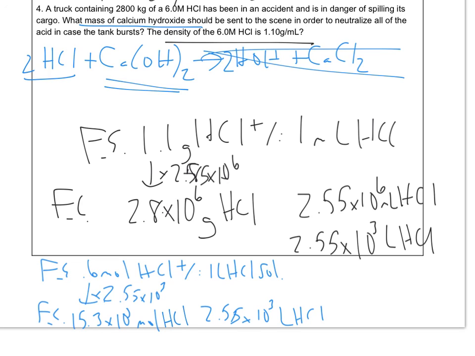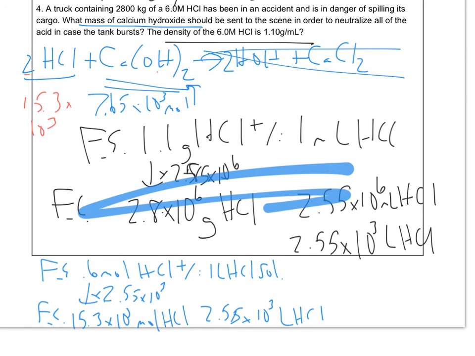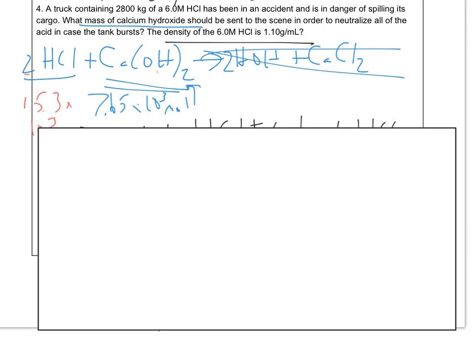So now, if this is 15.3 times 10 to the 3rd, then that means that this is half that amount because this is a 1-to-2 ratio. So this is going to be 7.65 times 10 to the 3rd moles of this. And then, this last part is actually really easy. So now we're just going to take that.